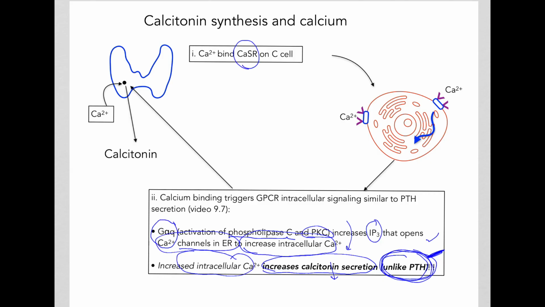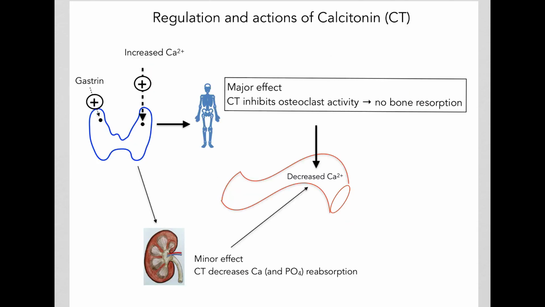So PTH was unusual. Now, besides calcium, there are several other biomolecules such as gastrin that are known to regulate calcitonin secretion. Gastrin is known to stimulate calcitonin secretion.